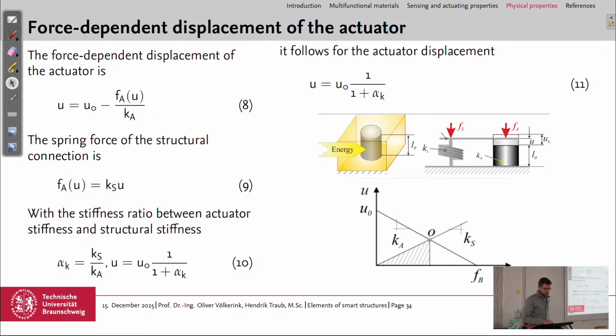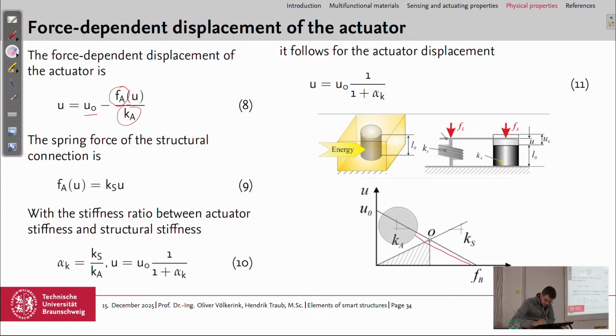Now we again have the force displacement of the actuator, which is u0 minus the force acting on the actuator, which is dependent on u, divided by Ka. So this is the equation to describe this line.